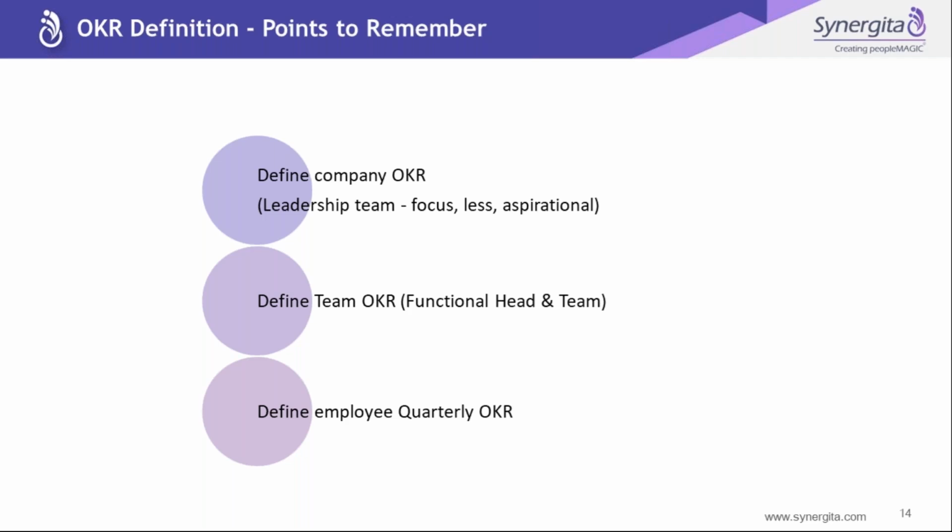Once the drafting is done, the functional head can question the teams. Teams may also have sub teams, so there may be brainstorming sessions, and the functional head can simulate a kind of Q&A session whereby the teams can discuss among themselves how they are relating their objectives and key results to the company's OKR.